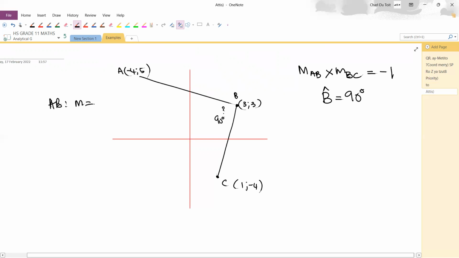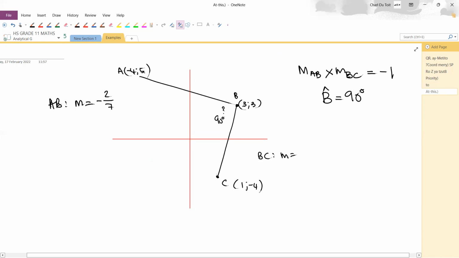It's the change in Y value, which is 2 from 5 to 3, and the change in X value, which is from -4 to 3, which is 7. And it's a negative gradient. So it's -2/7.